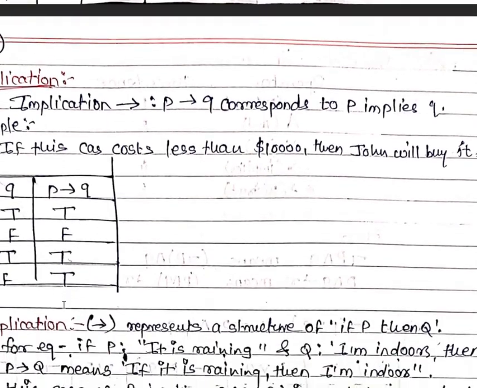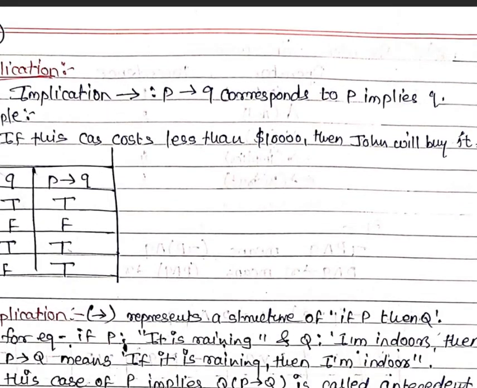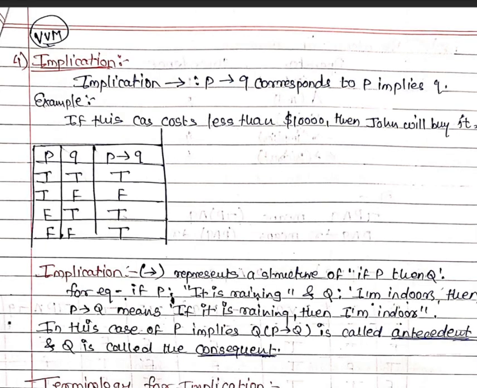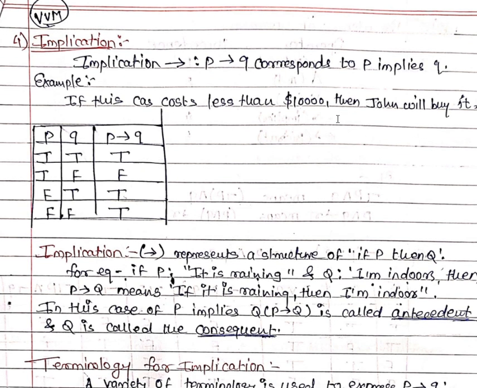The next type is implication. In implication, the statement is P implies Q. In basic English, we can understand it as an if-then statement. For example, if this costs less than 10,000, then John will buy it.